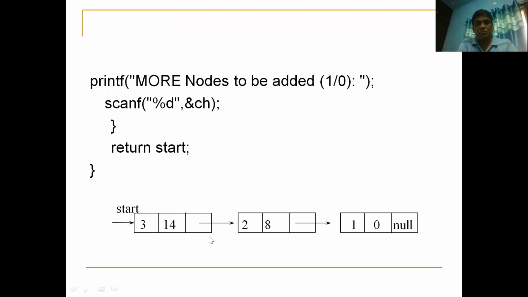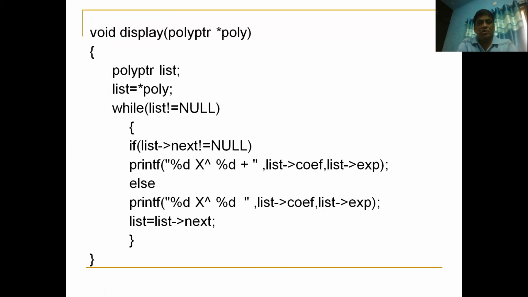Call this function for each polynomial that you want to create, and you can display the polynomial by using this display function. It is simply displaying a single linked list. There is nothing inside it. So while list not equal to null, and this is representing it as coefficient x power exponent.